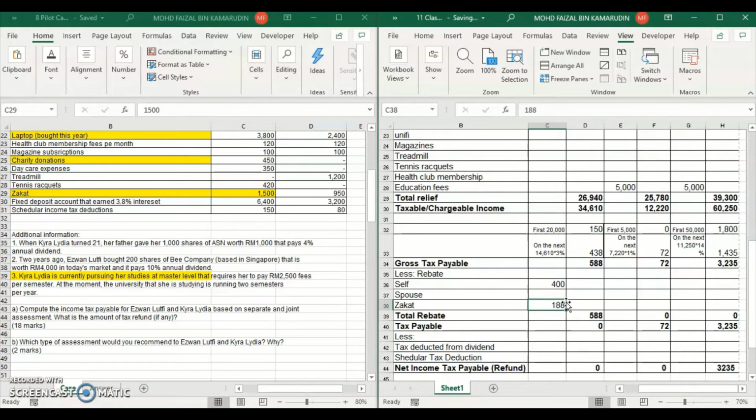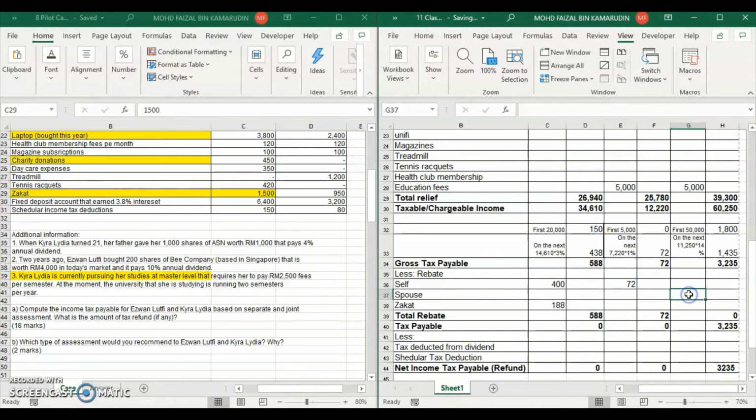Next for Kyra, yes, she is entitled for self rebate, because less than 35,000. So we put 72 here. For zakat, yes, she did pay zakat, but she cannot claim anymore because the tax payable is already 0 ringgit then. For this one, no self rebate because it exceeds 60,000 over here.